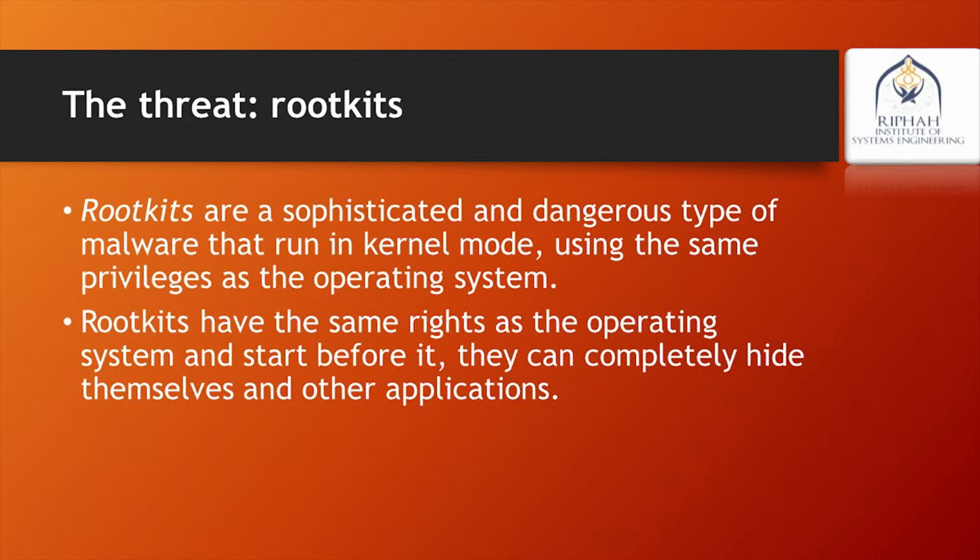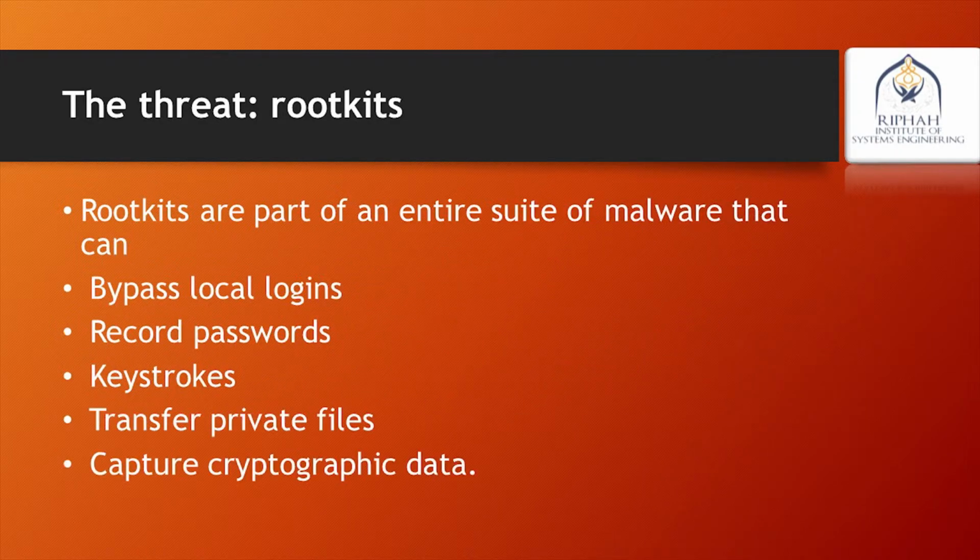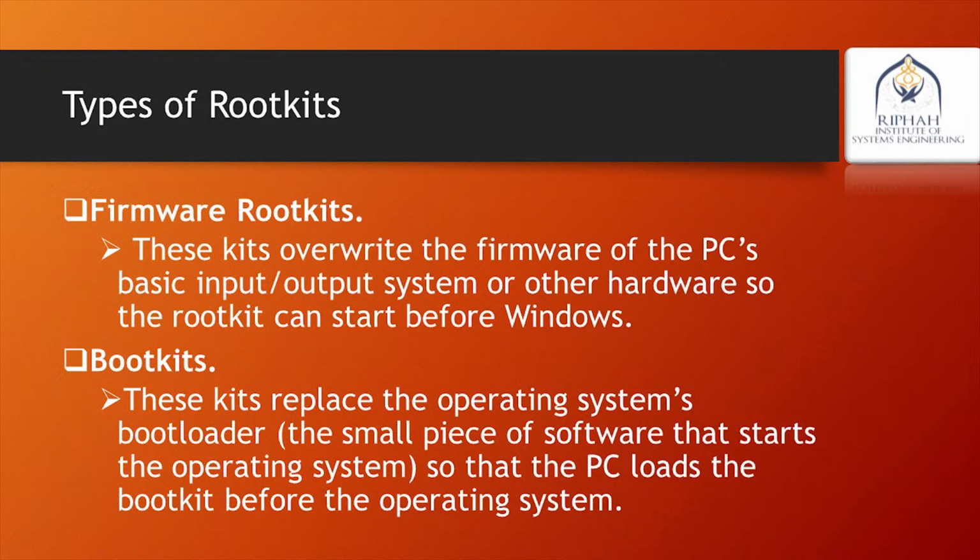Rootkits have the same rights as the operating system and start before it. They can completely hide themselves and other applications. Rootkits are part of an entire suite of malware that can bypass local logins, record passwords and keystrokes, transfer private files, and capture cryptographic data.